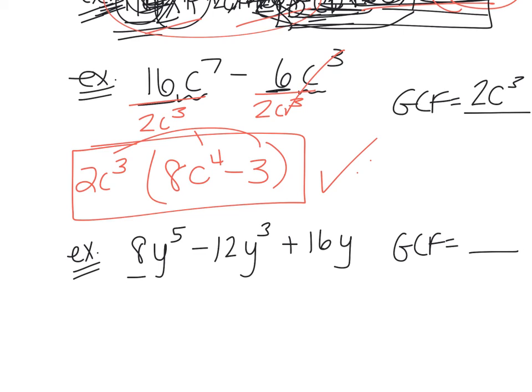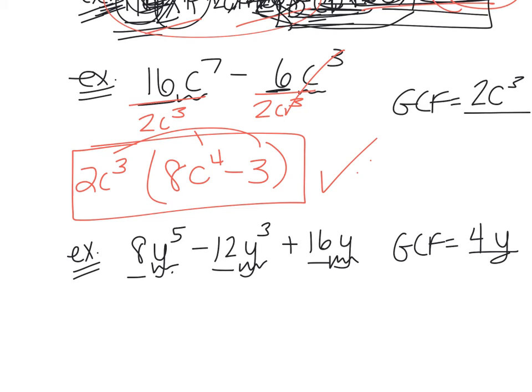So 8, 12, and 16, 8's my smallest number. 8 can't go into 12, so my next smallest factor of 8 would be 4. 4 can go into 8, 4 can go into 12, and 4 can go into 16, so that's my GCF there. So this has y to the 5th, this term has y to the 3rd, and this term has a y, so they have a y in common.